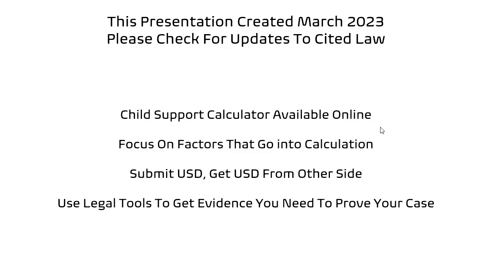So let me give you an example of this. Let's say you get a USD from the other side, and it says on there that they make $2,000 a month, but you know they make $5,000 a month. Well, you can use the legal tools that are available to you in your case, like, for example, a request for production, to get a W-2, 1099, tax return, whatever it is that you need to prove your case from the other side.